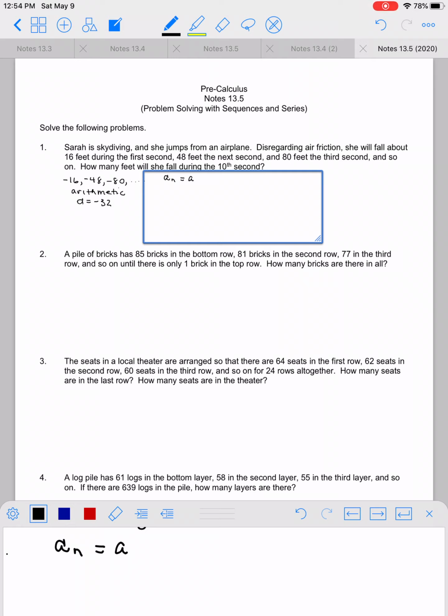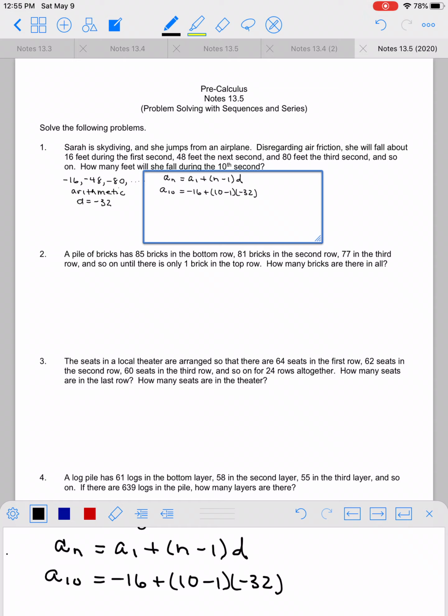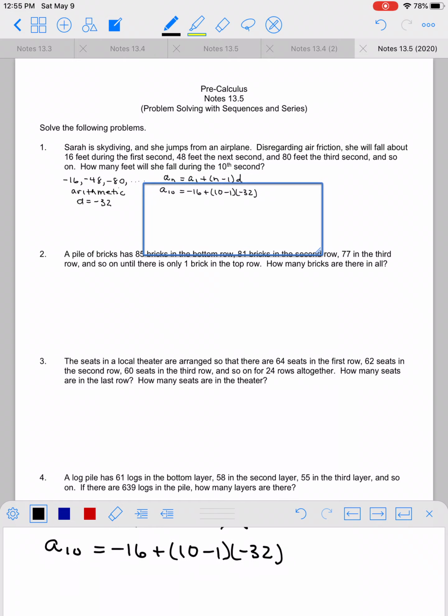So we're going to go back to the formula. I always start with the formula so that I'm not just pulling numbers randomly and you can see where they come from. They want the 10th term. The first term was negative 16. I'm going to plug in 10 minus 1, and the common difference was negative 32. Then we throw that into the calculator, and a sub 10 is negative 304.